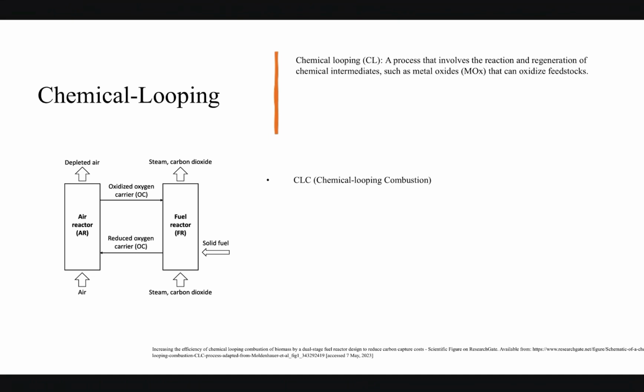In the next process, air is flowed, and the oxygen carrier, the catalyst, is once again oxidized, and we can use this catalyst again. Therefore, by repeating this process, we can use the same catalyst for as many cycles as we want.